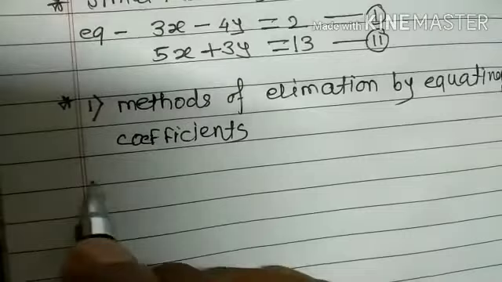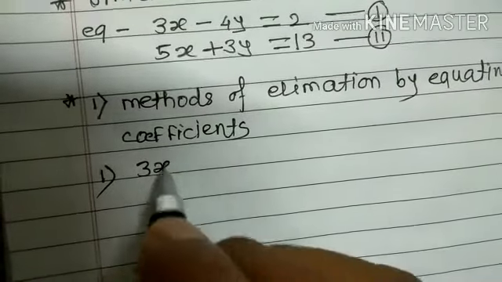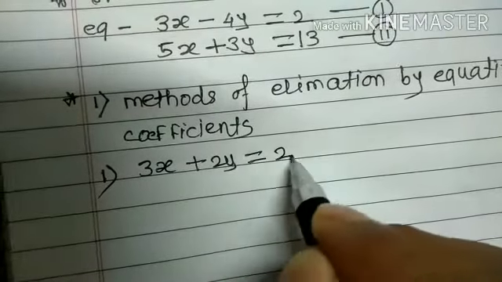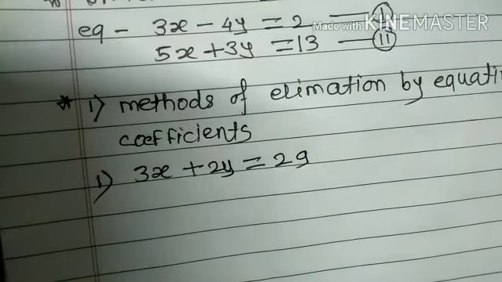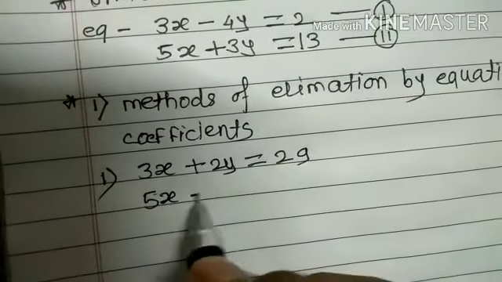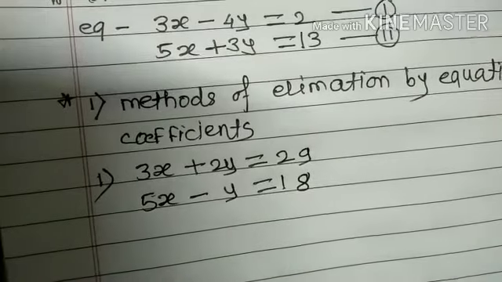First example, 3x plus 2y is equal to 29, and 5x minus y is equal to 18.